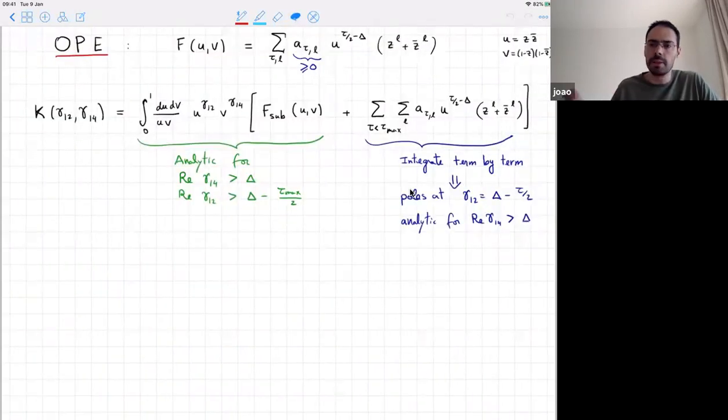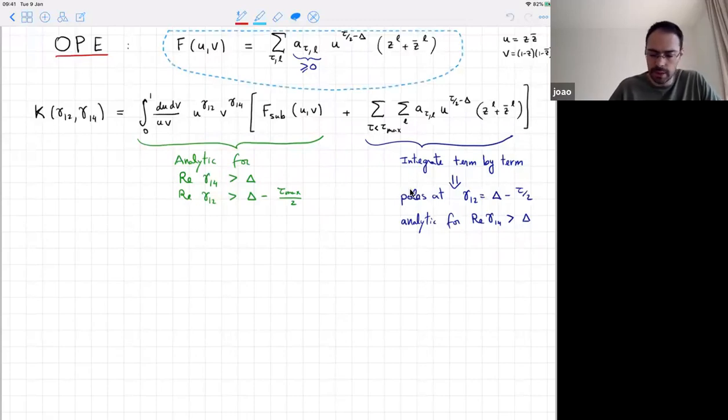Actually, it's very simple. It's a bit like the trick of analytic continuation of the gamma function. So you basically add and subtract the leading singularities. Okay? So you take f with this OPE expansion. Well, there are many ways to write an OPE expansion, so this is one possible way.